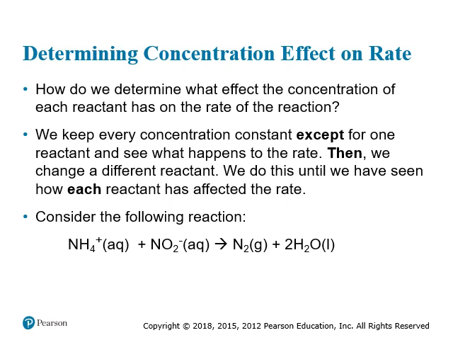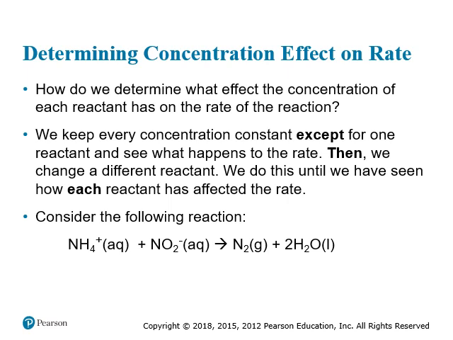Now, in general, the rates of reaction tend to increase when the reactant concentration is increased. Conversely, the rates tend to decrease as the concentration of the reactants is reduced. So how do we determine what effect the concentration of each individual reactant has on the rate of reaction?